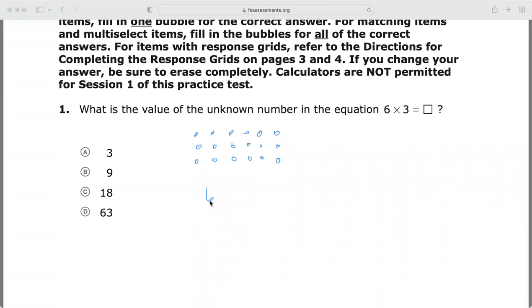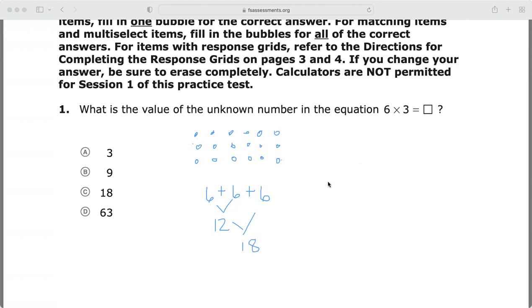You could say 6 plus 6 plus 6 is also 18. 6 plus 6 is 12, plus 6 is 18.